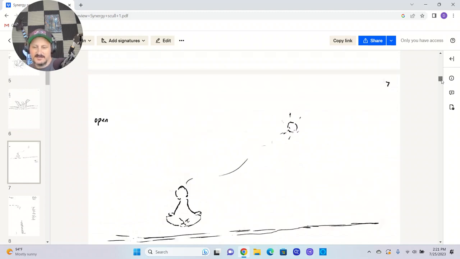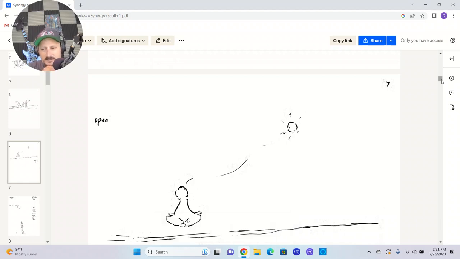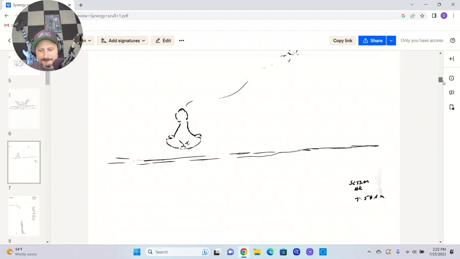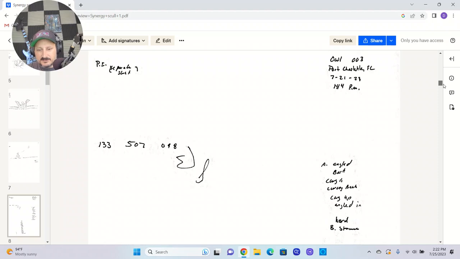I would have this person meditating, and I would have this object in the distance, and I had this correlation between this person meditating and this object. So it was just a short little session.